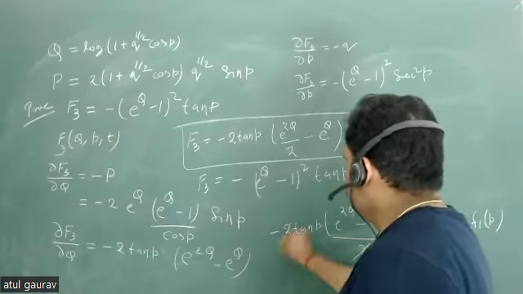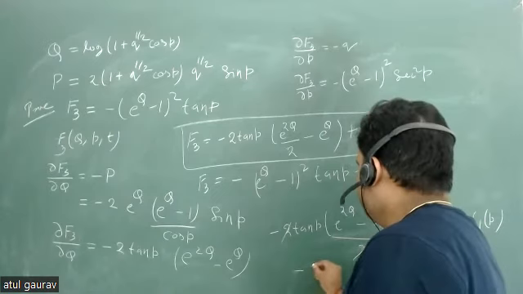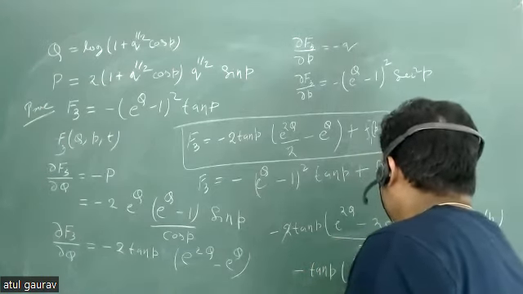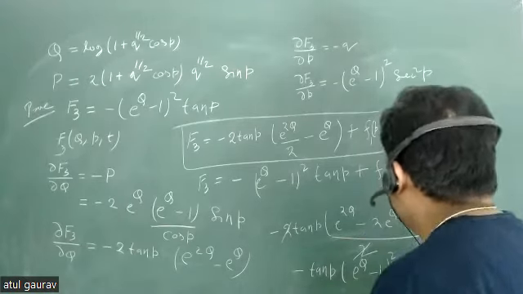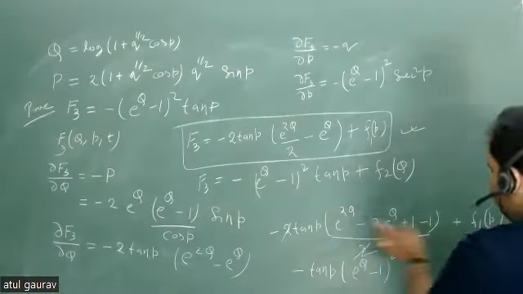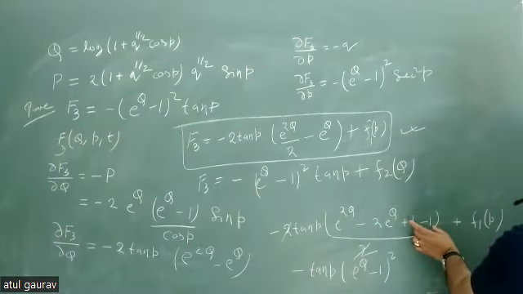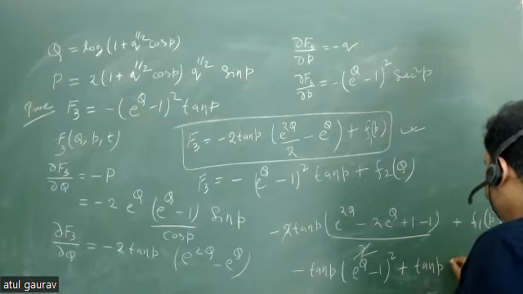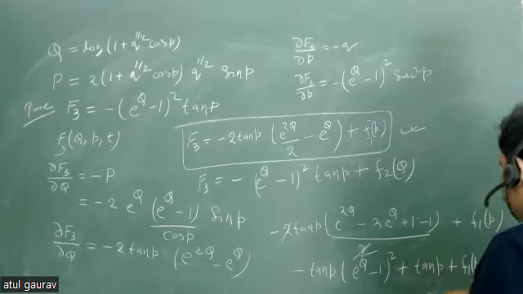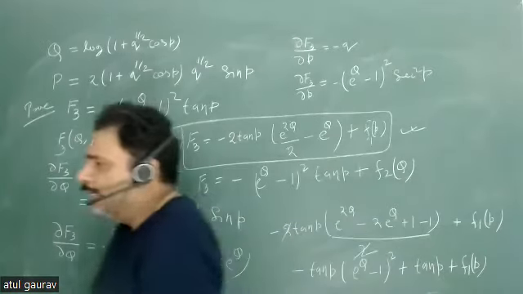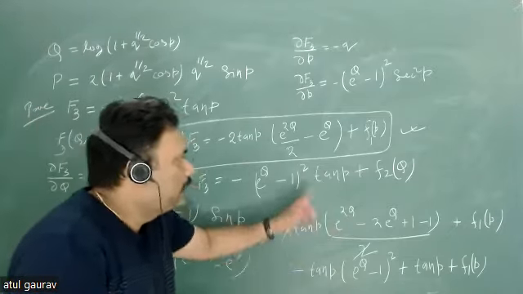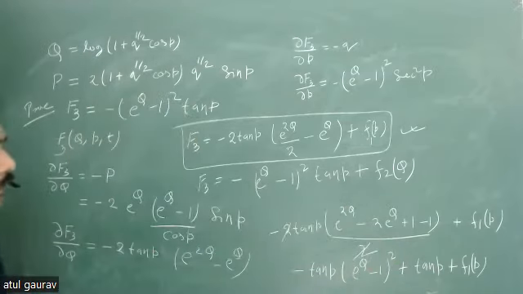So this 2 and this 2 will cancel out, and I can write this as tan p times e to the power q minus 1 whole square, and this is going to be clubbed with this one. So what will happen? Plus tan p plus f1 of p. Are you getting my point? Can I write this whole thing like this? Yes, sir. And now you can equate this and this, which are the same, on both sides.